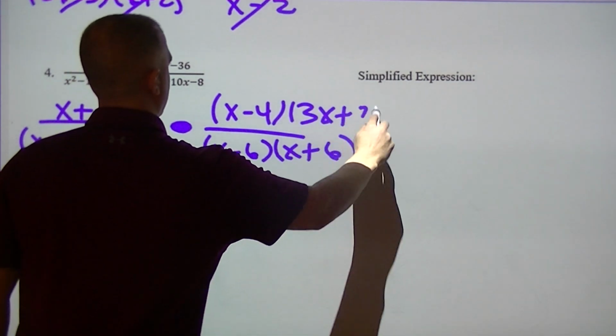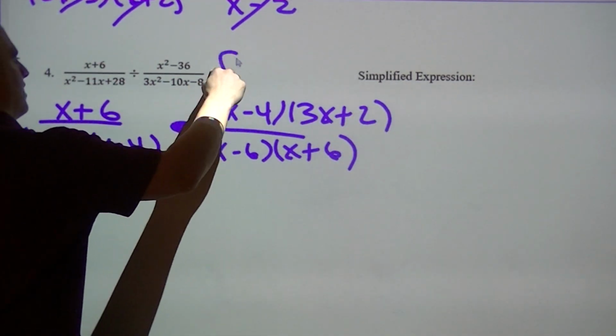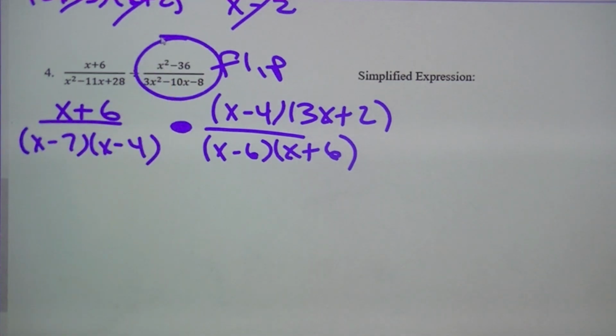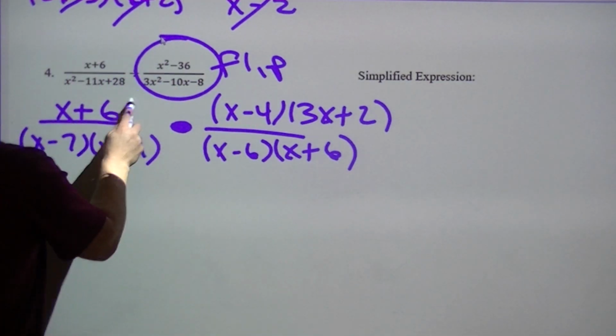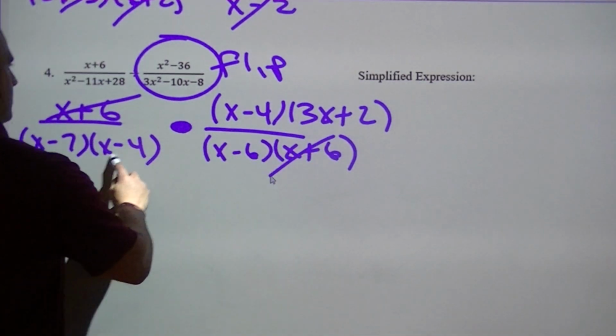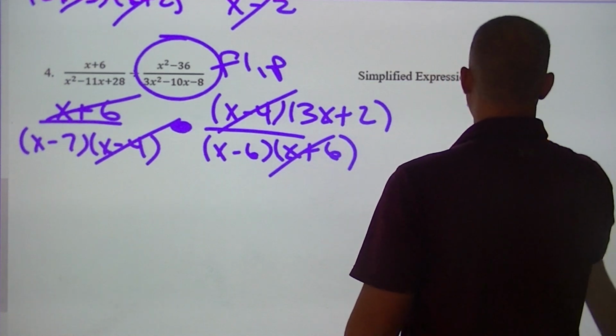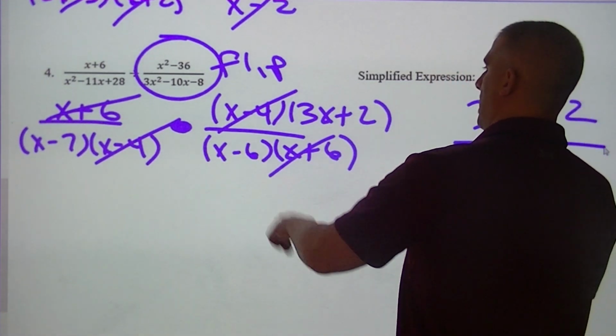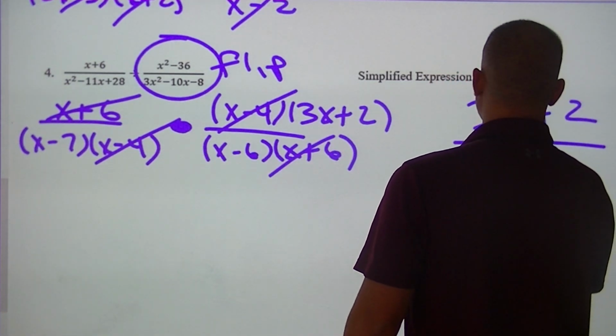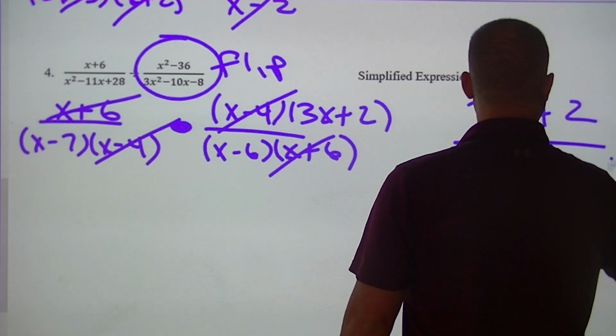Okay? So remember, the big thing is you got to flip. You got to flip this one. Okay? So, nothing vertically, diagonally, the x plus 6's can go, diagonally those can go. So up top, what I got left over, 3x plus 2. On the bottom, I got x minus 7 and x minus 6.